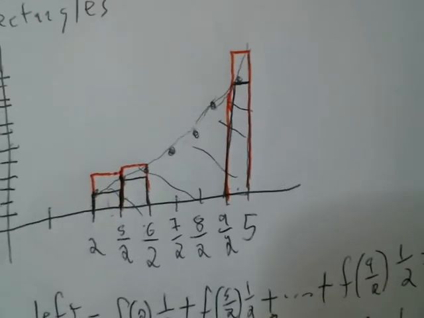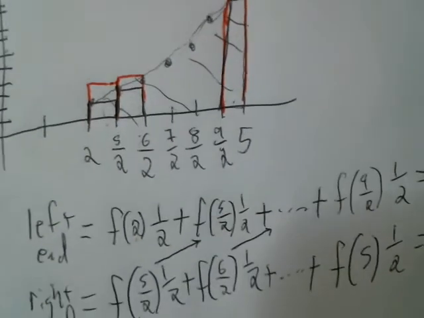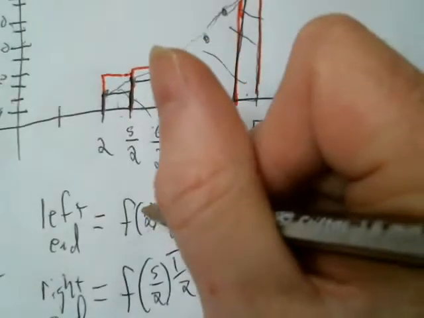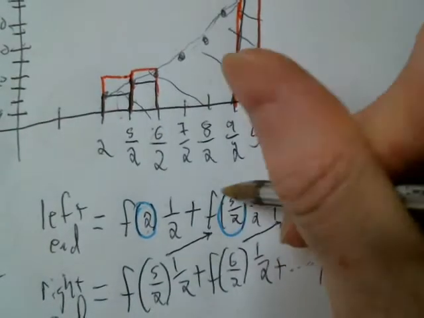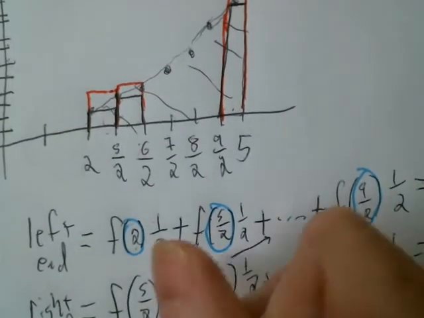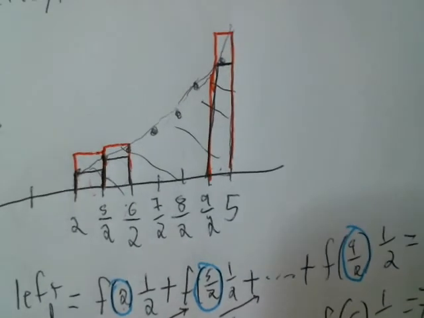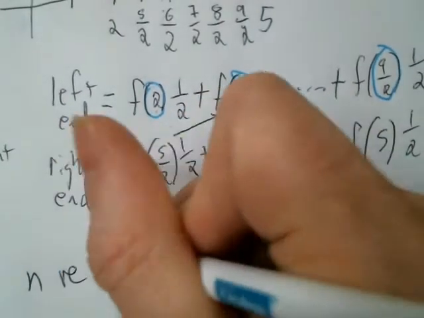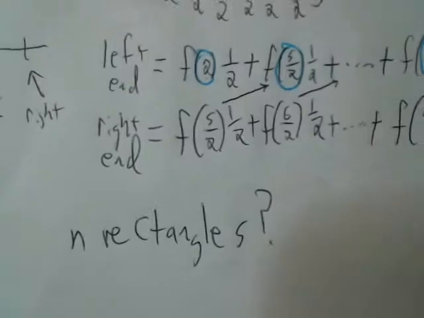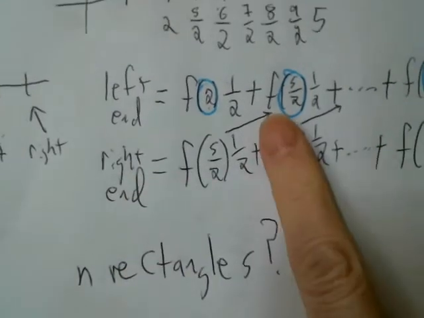Okay, and in general is where we want to go, right? And I think the computational aspects of that are very difficult. In general, what we need is a sequence of numbers for these functions. Because in general, what we're going to want to do is use n rectangles. So the question becomes, how do I do this in general with n rectangles? And then I have to take the limit of these sums.